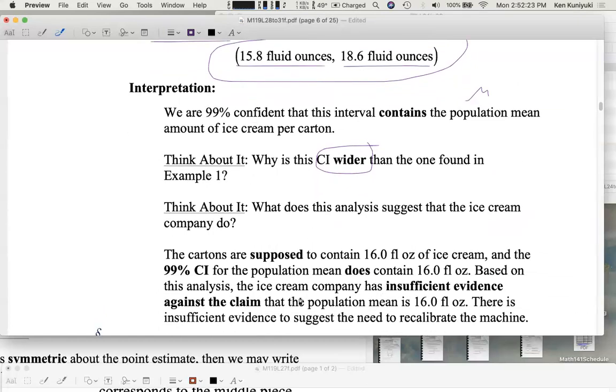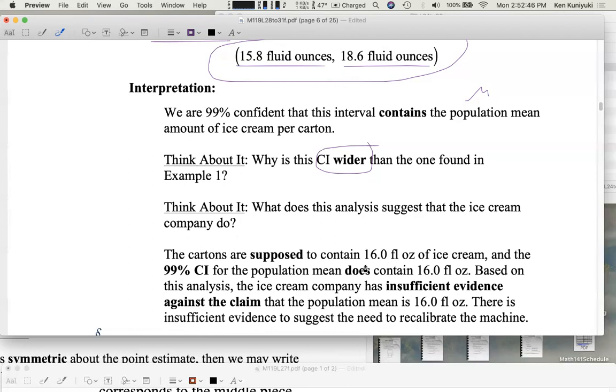Well, we, the ice cream company, have insufficient evidence against that machine representative's claim. So we're not ready to sue them. We're not ready to recalibrate the machine. Or maybe it's not necessary. Who knows? Maybe the company might want to do it anyway just to be safe. But according to this statistical analysis, it's not imperative.